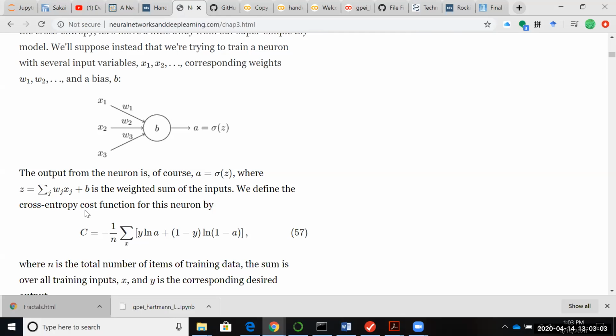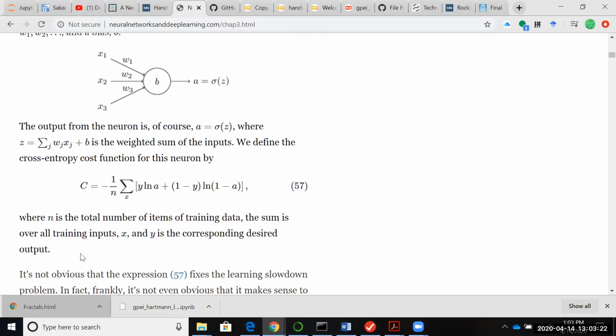Now the cross entropy function is defined as the following. Here, n is the total number of items in the training data, and this sum is over all the training set, where x is the input and y is the corresponding desired output.